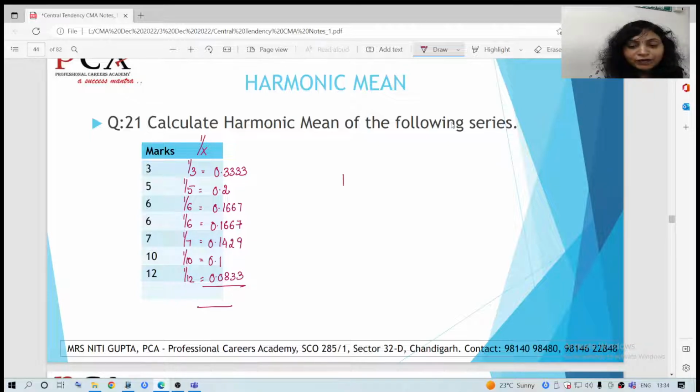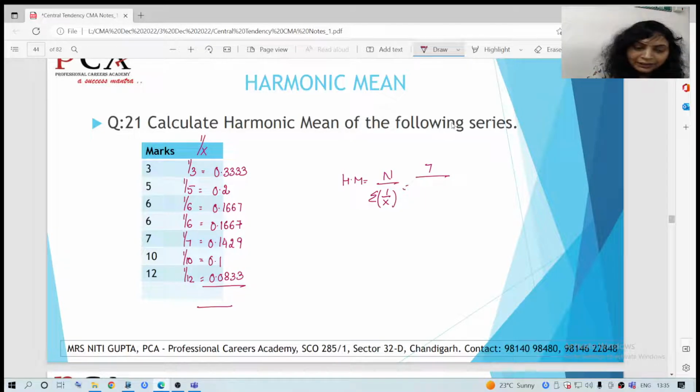Now our formula for harmonic mean is n upon summation 1 by x. The total number of items is 7, so 7 divided by the sum of these items. Let's sum it: 0.1, 0.1429, 0.1667 plus 0.1667 plus 0.2 plus 0.3333.